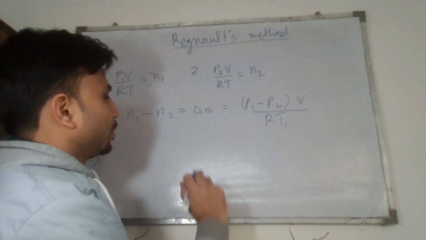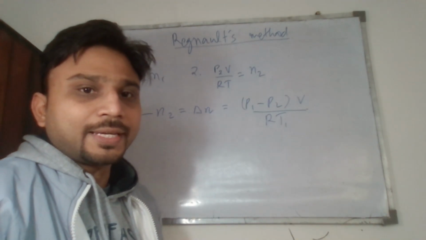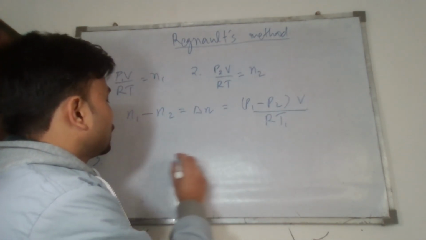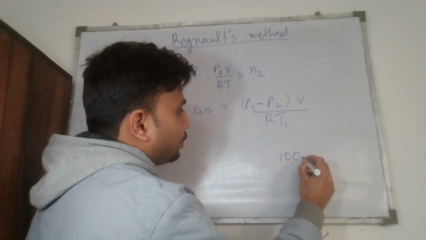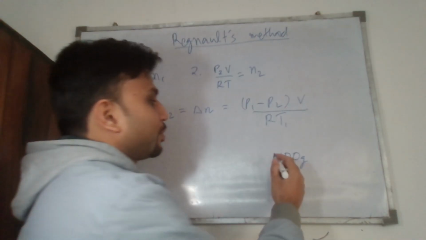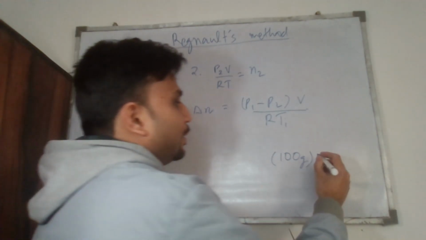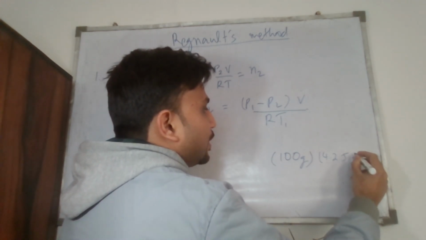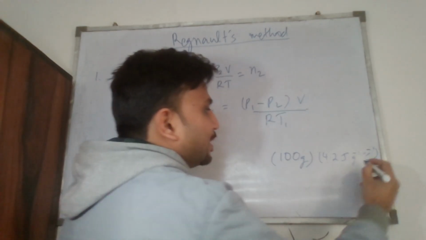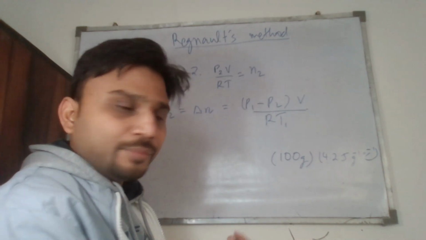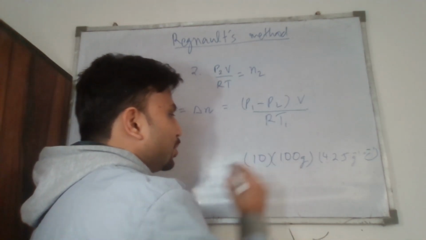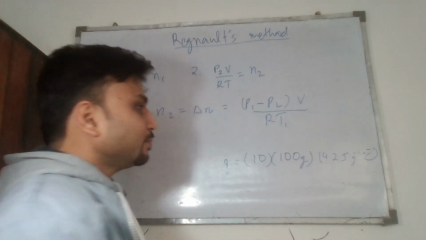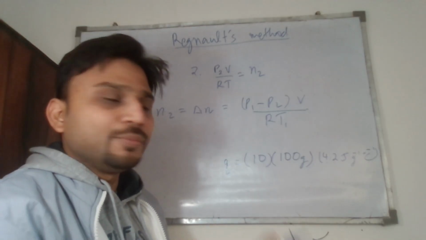We'll say what is the heat which the calorimeter absorbed. So that would be the water equivalent of the calorimeter into 4.2 joule per gram per degree Celsius rise in temperature of the calorimeter into change in temperature of the calorimeter equal to Q. This is the heat provided.